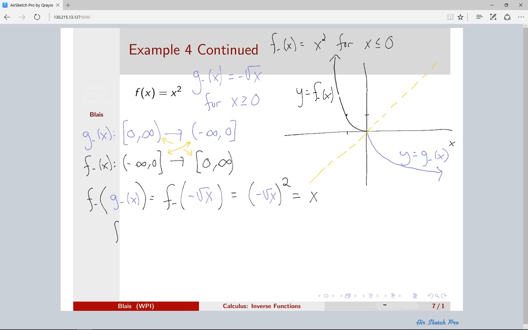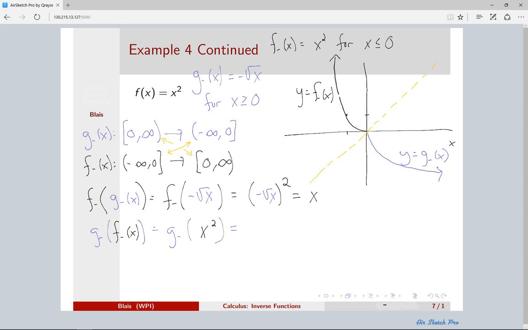And going the other way, replace the argument in here with f minus of x. F minus is x squared. G minus of x, so we plug x squared into g minus of x. That was the negative square root.